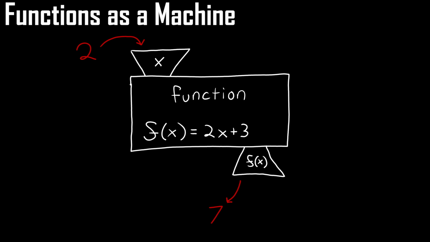Now let's do another input. Let's say our input is -1. That goes in, we apply our rule, and the output will be 1. 2 times -1 plus 3. So that is a simple way to think of a function.